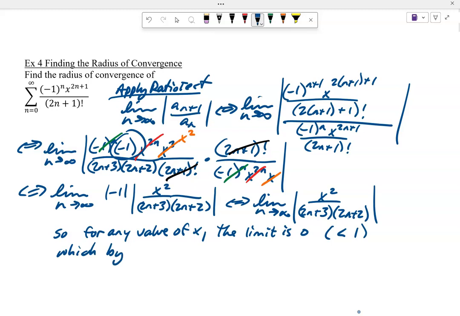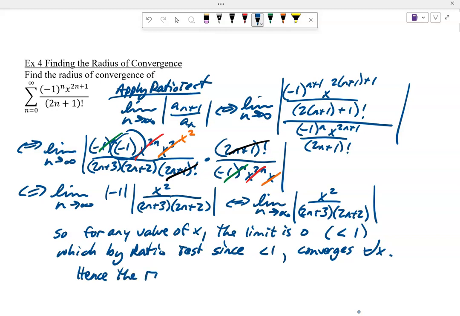Which by ratio test, since less than 1, converges for all x. Hence the radius of convergence is all real numbers. Infinity.